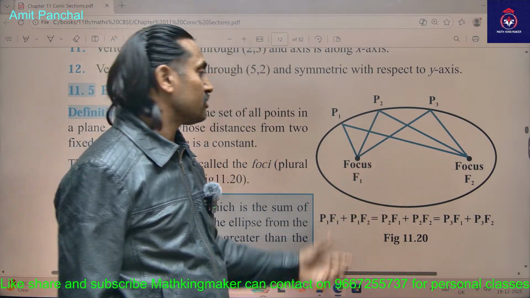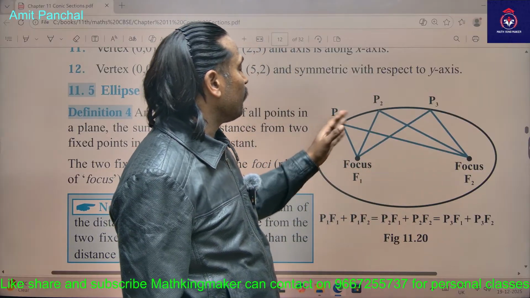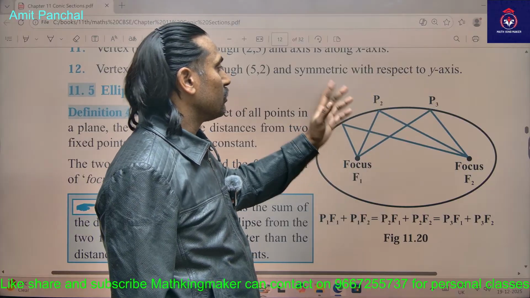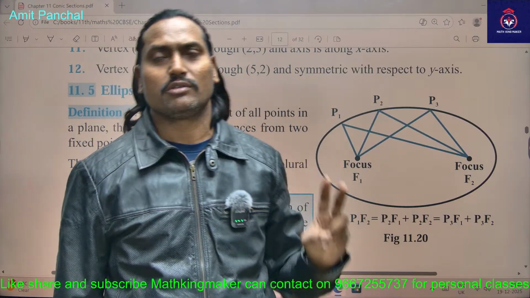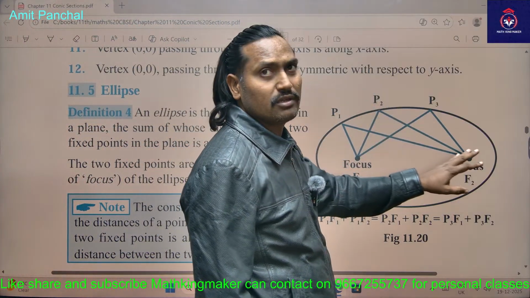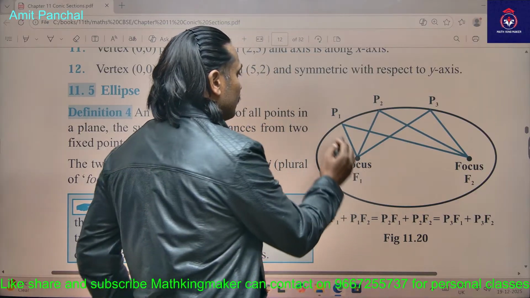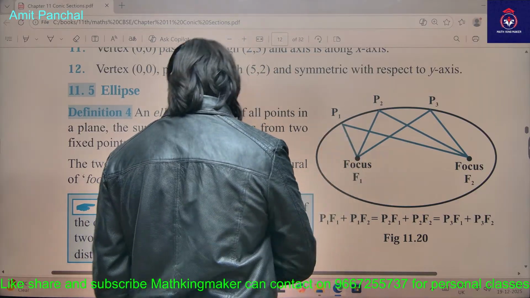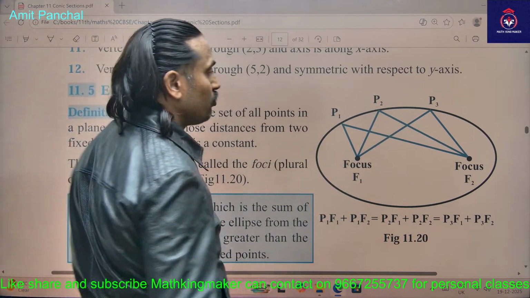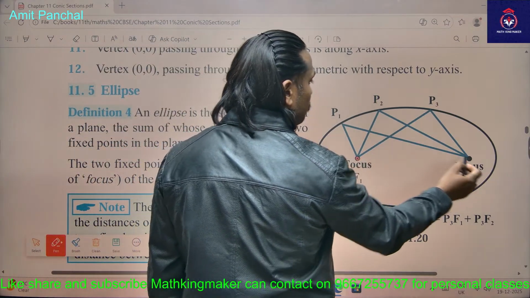These two fixed points are such that if we take any point on this ellipse, any 2 points on this ellipse will have the same sum of distances from these fixed points. Let us say there are 3 points, P1, P2, P3, and these are two focuses of this ellipse.